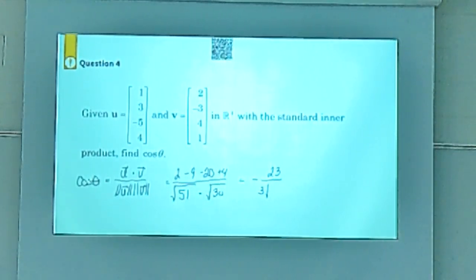And then multiply it by 10. And that is not divisible by 9. It's not divisible by 100, which would make square root of 10. I don't think that's divisible by a perfect square, so you're done. There's your cosine of theta.